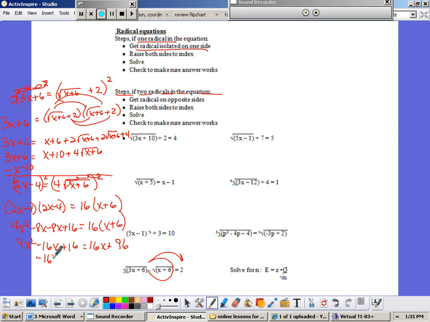Subtract the 16x, subtract the 96. 4x squared minus 32x minus 80 equals 0. Pull out a 4. X squared minus 8x minus 20 equals 0.